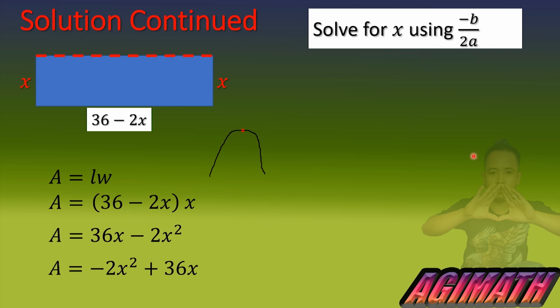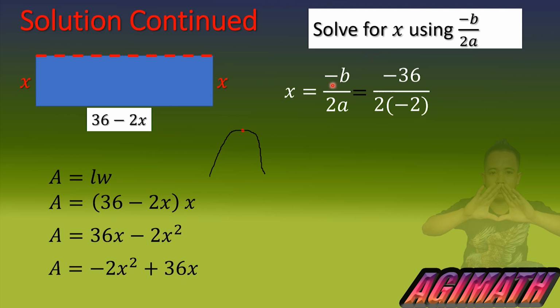Again, this is very important so that your solution will be shorter. If it's asking for dimension, you use this formula. But if it's asking for the maximum area, you use the formula for k. So using the formula negative b over 2a, we have negative b equal to positive 36.